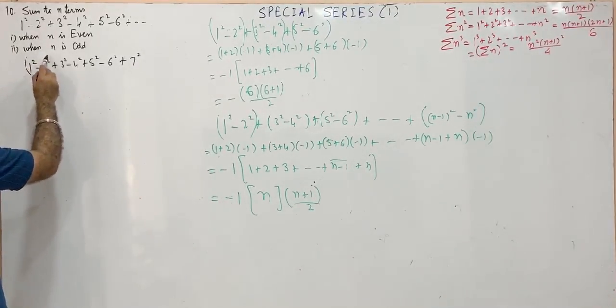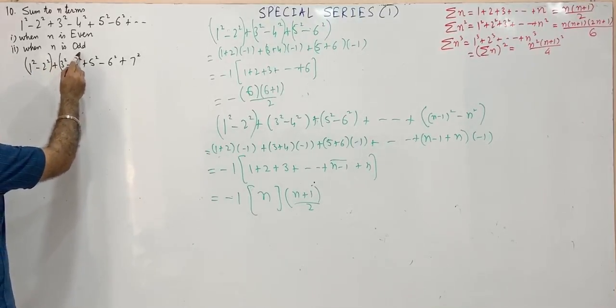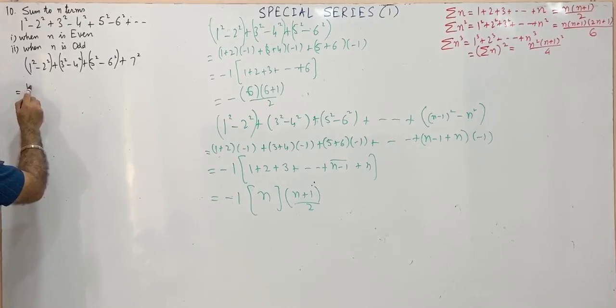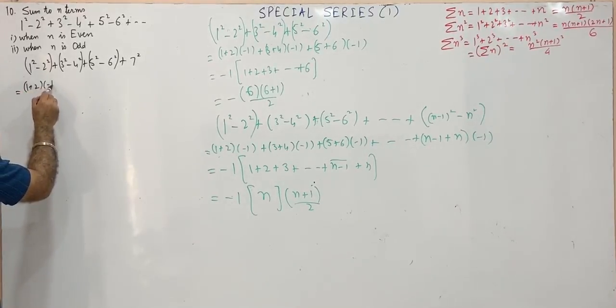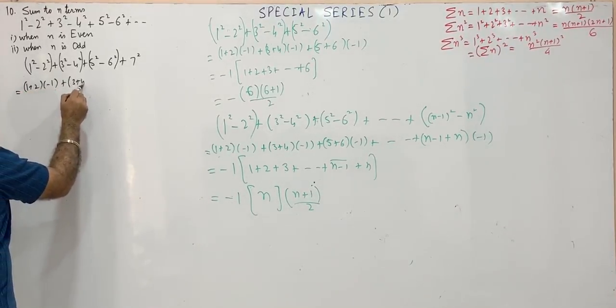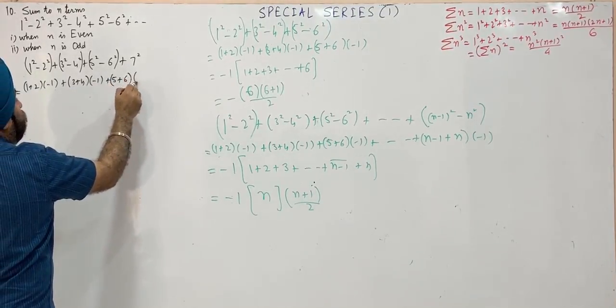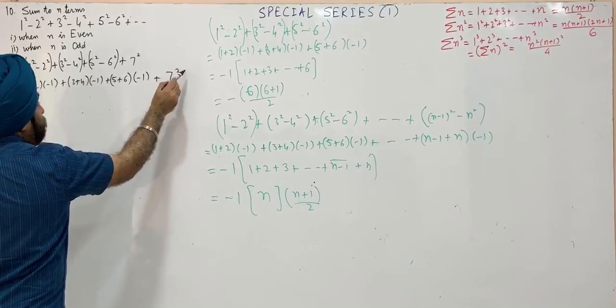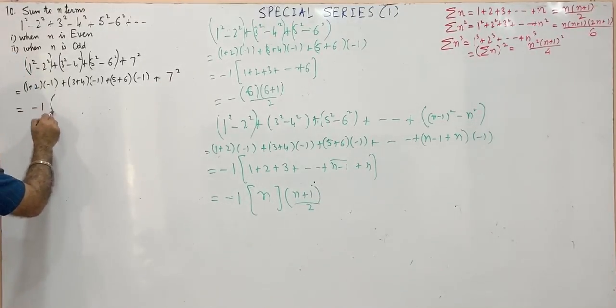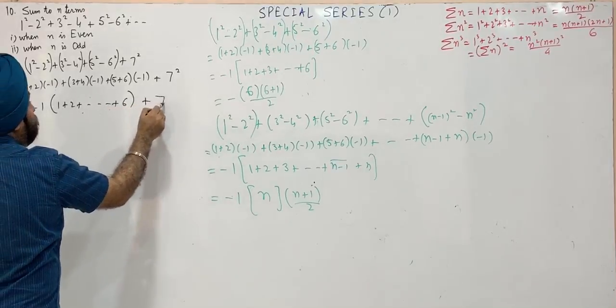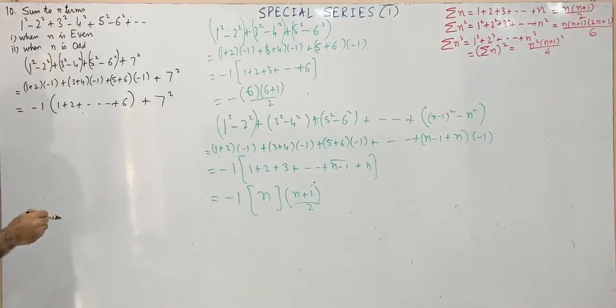The first and second terms, third and fourth, fifth and sixth, this will be 1 plus 2 into 1 minus 2, 3 plus 4 into 3 minus 4, 5 plus 6 into 5 minus 6, plus 7 square. We take minus 1 common, it's 1 plus 2 plus 3 up to 6, and plus 7 square. So this is how we find the sum.